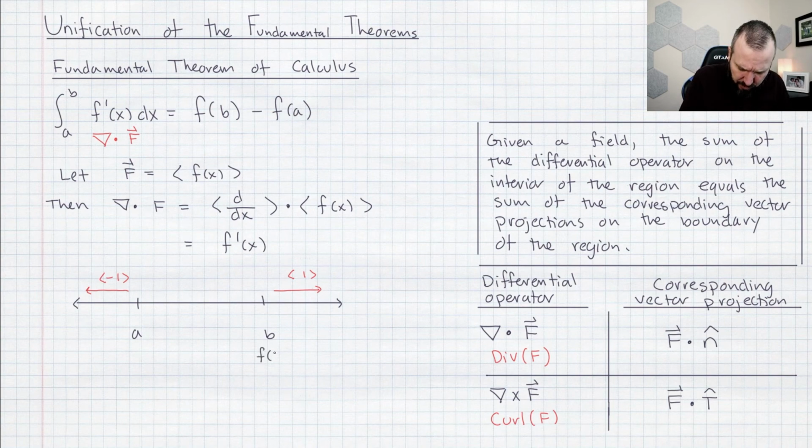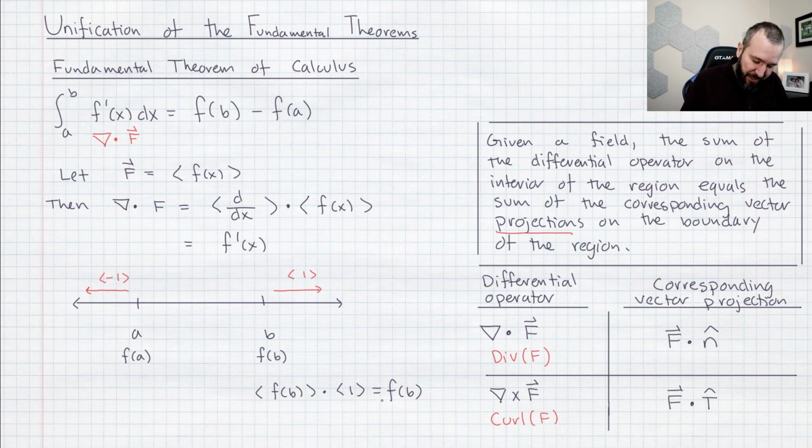Okay, so what are the values of the function on the boundary? The value of the function on this boundary is f of b, and the value of the function on this boundary is f of a. So what I need to do is calculate the projection of this value onto that vector. So I need to calculate f of b dot product with 1. Okay, so that's just f of b.